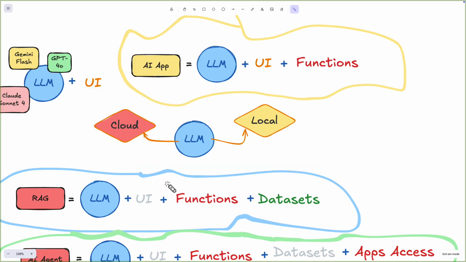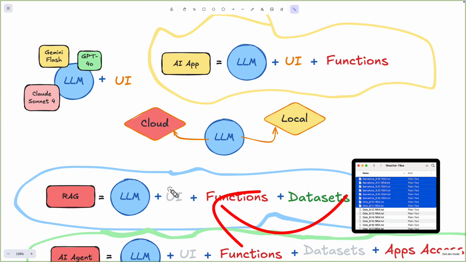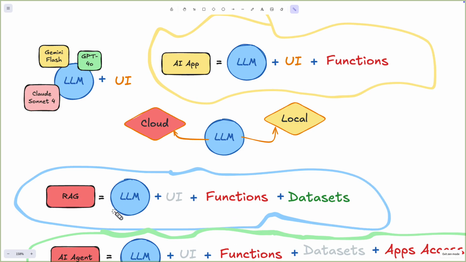So there's tons of data spanning across 100 or 200 years, and they cover the entire Europe. So in that case, you can give that data set to your application, so the LLM will use that information to prepare an answer.